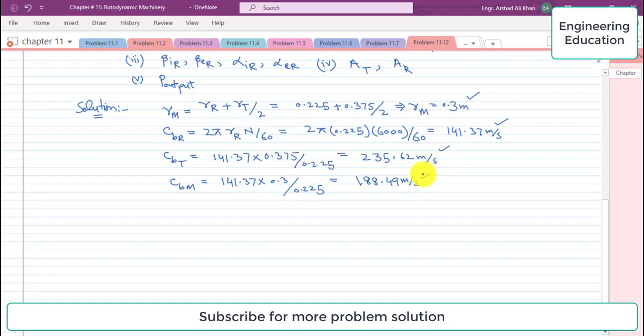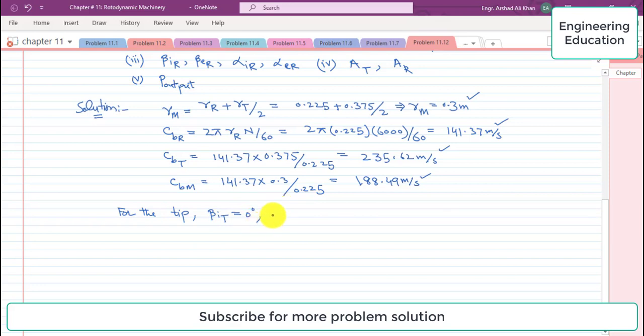So we got these three values of blade velocities at root, tip, and mean radius. So for the tip, we know that we have given that beta IT is equal to 0 degree.